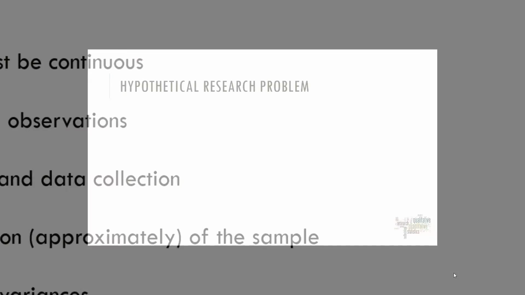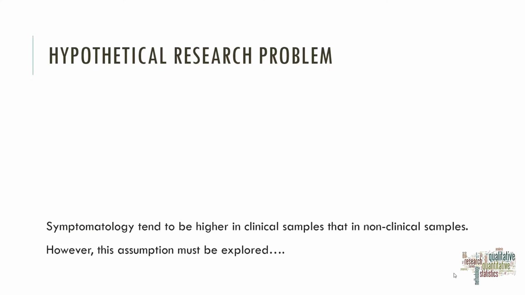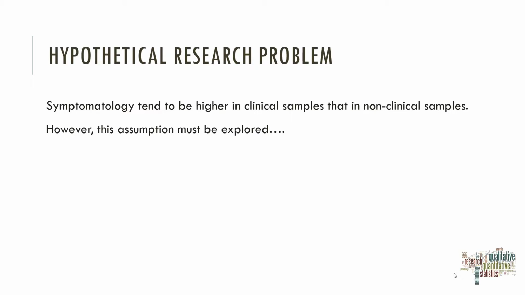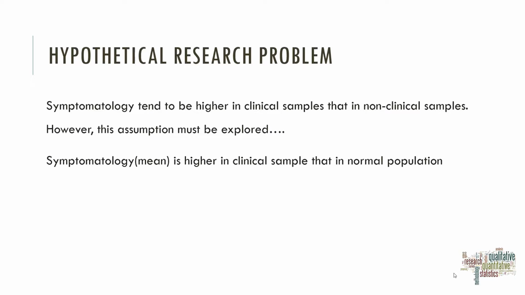So let's go to our hypothetical research problem. Symptomatology tends to be higher in clinical samples than in non-clinical samples. However, this assumption must be explored. When we talk about symptomatology, we talk about the mean response in a given questionnaire.